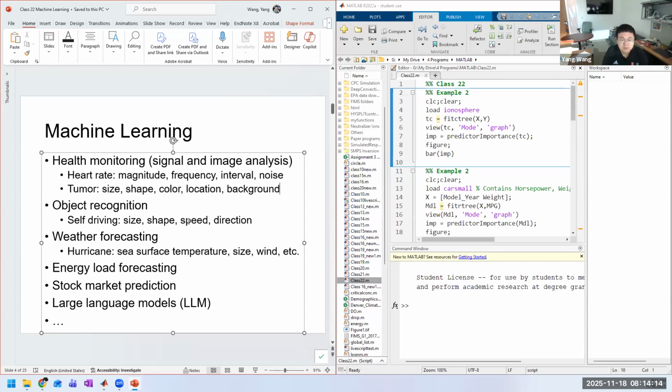There's also the speed and the direction of the object, so with all of this information, or these features, we can tell what object that is. And then for self-driving, the car can categorize it.